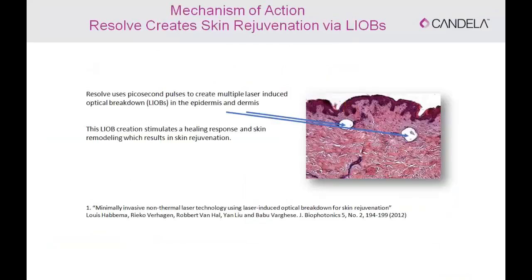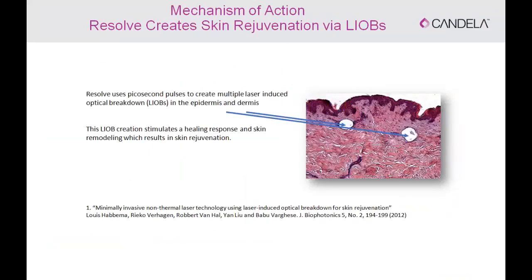energy. And what they do is something that has been well known for the last few years, and those of you who have been attending laser conferences or reading the laser journals will be familiar with this term that we refer to as the LIOBs, light-induced optical breakdown.